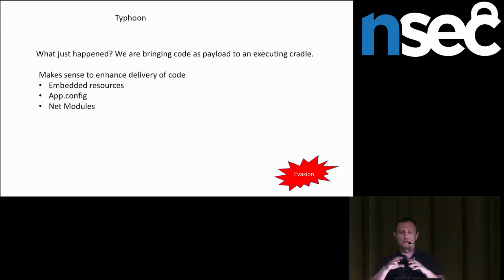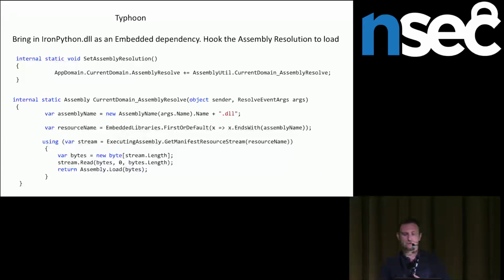The way modules work in .NET is that the module is a DLL, but it doesn't have a manifest. So when the defense looks at it, they look at a binary blob that is not executable, it's nothing, it's just a binary blob. But when you combine that with a manifest, that's when you get the assembly. On that topic, Typhoon itself brings in ironpython.dll as an embedded resource in itself.